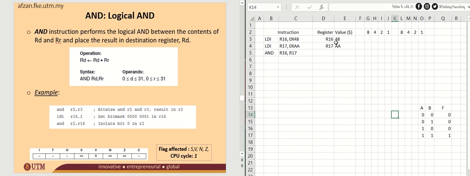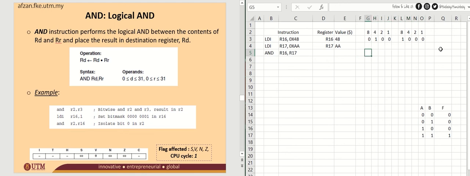For the first number here, 4, how to convert from hexa 4 to binary? We put 0 1 0 0. What about 8? 8 is 1 0 0 0. So this is for R16.